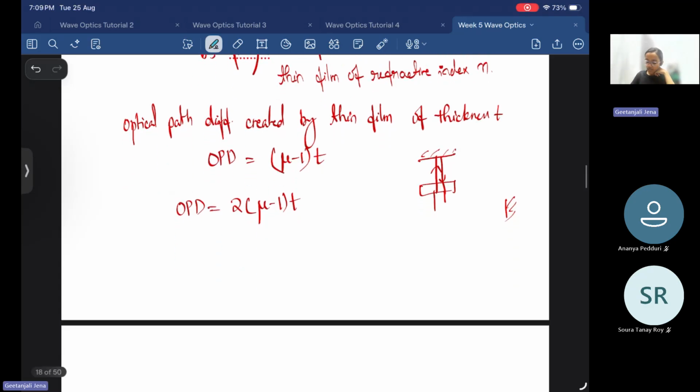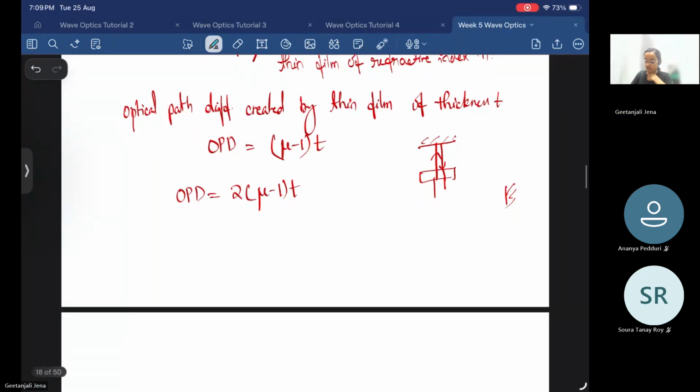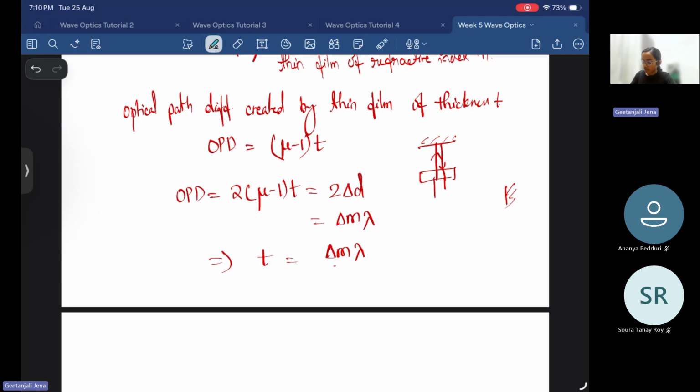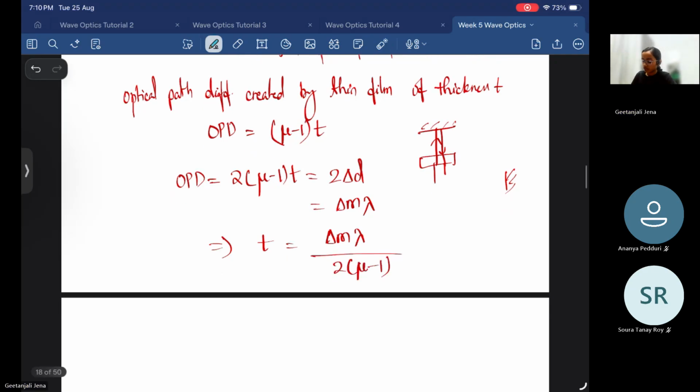Okay, so this is nothing but 2 times delta T, which is delta M lambda. Delta M is given and we want to find out T. So that means T is delta M lambda over 2 times mu minus 1.